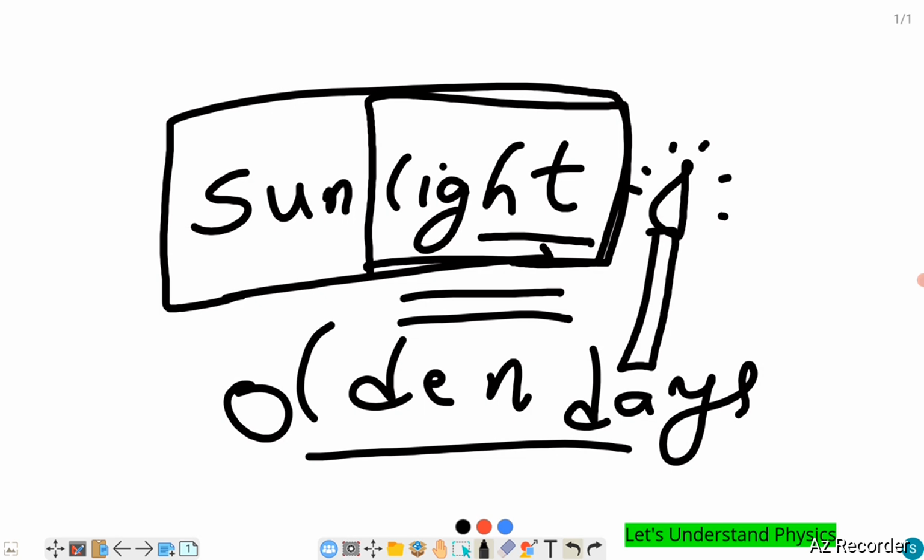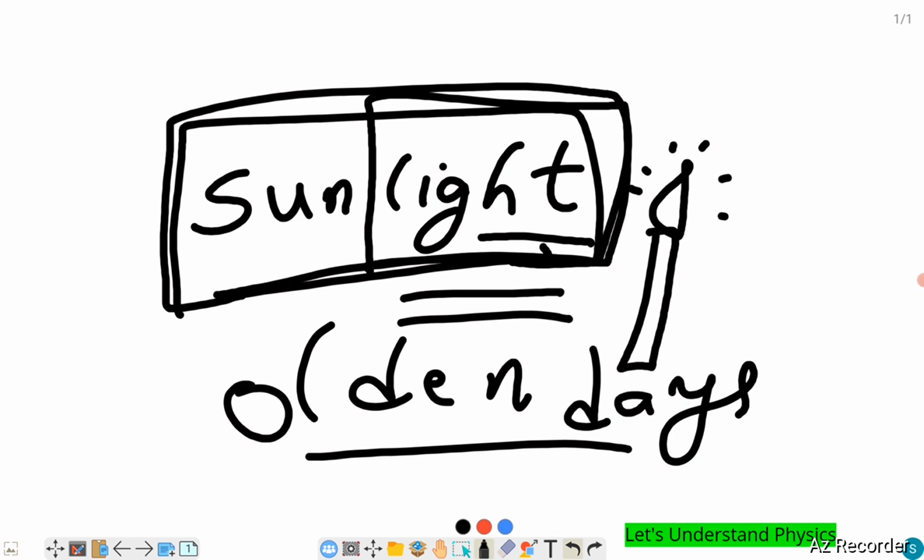Okay. Now, this sunlight we have is a source of light and it is a form of energy. What is energy? We can do some work with it. Correct. In class 9 also you have learned the definition of energy.